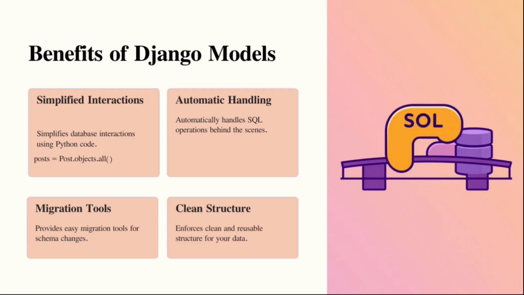Fourth, they encourage a clean and reusable structure for your data. You can also define relationships between models, such as linking blog posts to the authors. By using Django models, we can write less code, avoid repetitive tasks, and maintain a clear structure for our project.